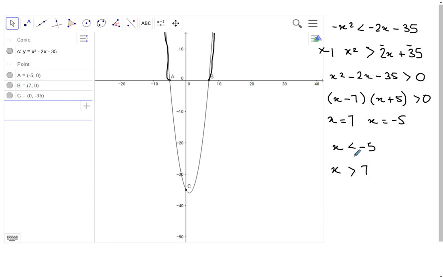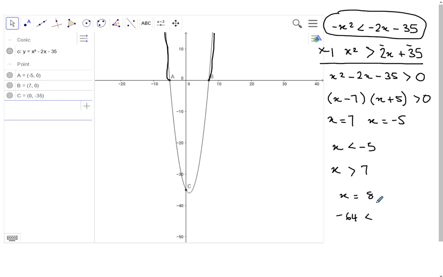Okay, just to prove that that actually works, let's test it. If x has to be greater than 7, then let's make x equals 8 and test it in there. So minus x squared would be minus 64 is less than minus 2 times 8 is minus 16 minus 35, and minus 16 minus 35 comes to minus 51.